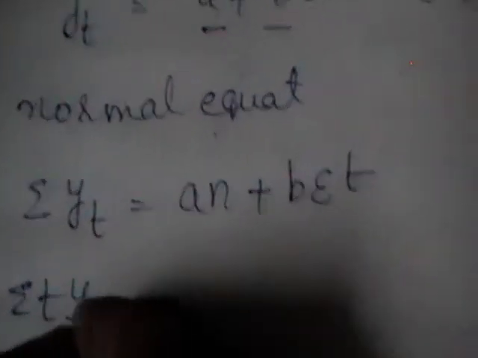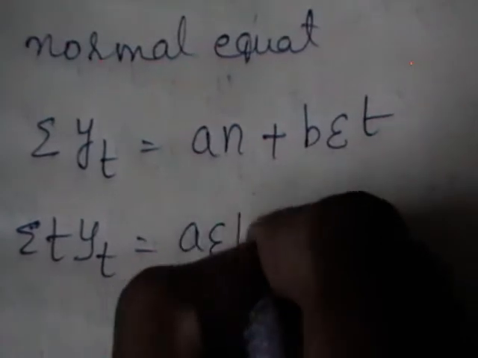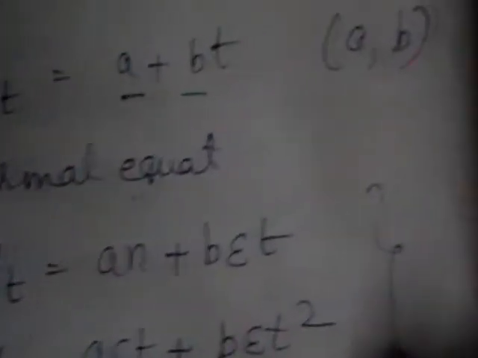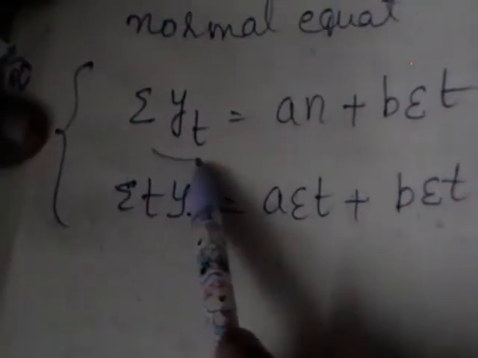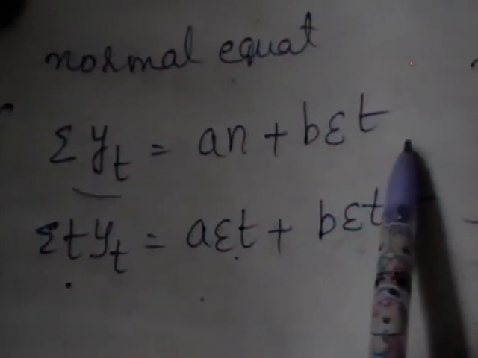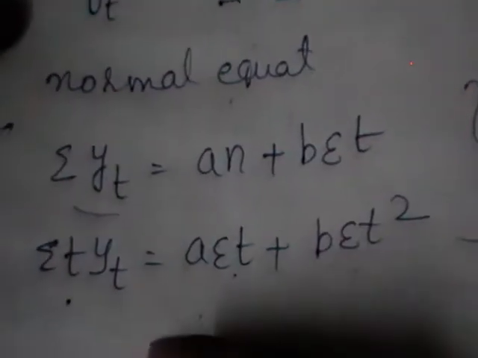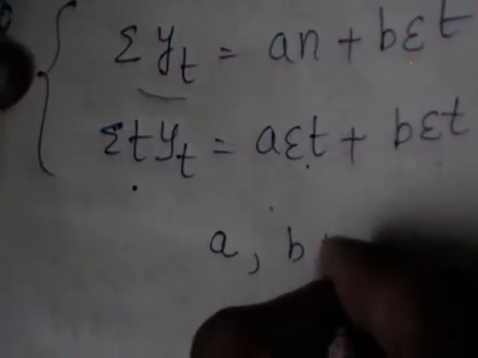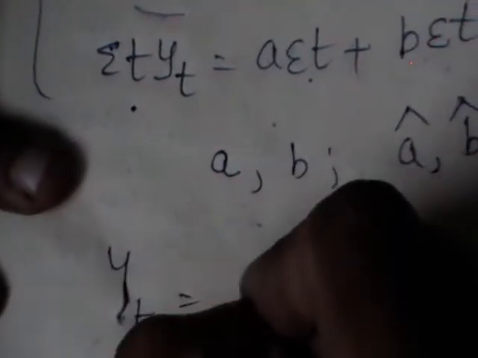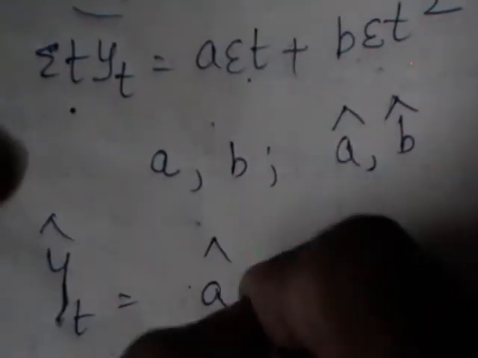Sigma t yt is equal to a sigma t plus b sigma t square. These are the two normal equations. By solving, you need to find out the totals sigma yt, sigma t yt, sigma t square from the given data, and you can find the best estimates of a, b, which we denote with a hat, b hat. So the required trend line will be yt hat is equal to a hat plus b hat t.